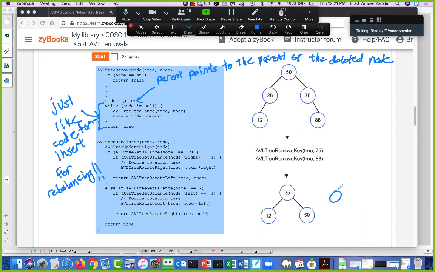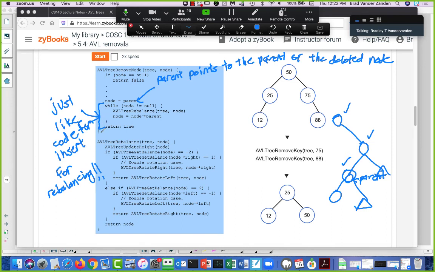If this was the deleted node, we're at its parent, and all we're going to do is go up following all the parent pointers. So we're going to do this one, and this one to the root. It's exactly the same as if we had done insertion. So it's very nice. Once we've done the delete, the rebalancing looks just like the rebalancing for the insert operation.